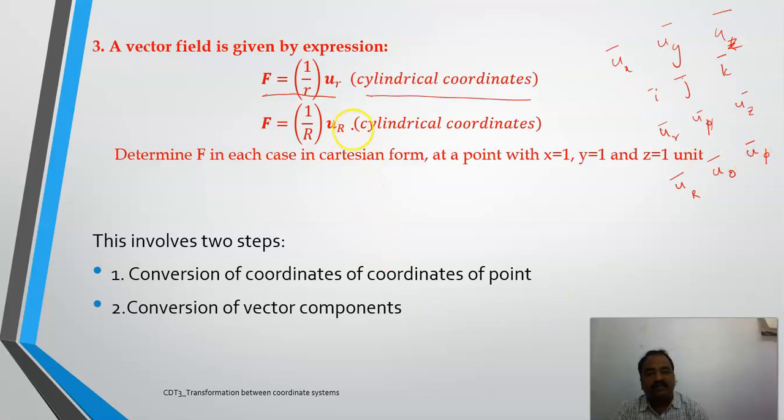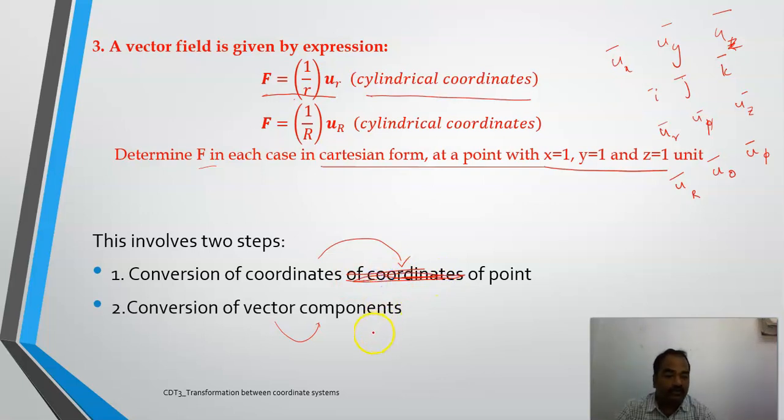So now he has given a vector which is in cylindrical coordinate systems, and he wants us to determine f in each case in Cartesian form at a point. So at this point he wants to transform this vector into Cartesian form. So first of all, whenever you are transforming a vector, the first thing is you should transform the coordinates, that is the conversion of coordinates of points, and next you should transform the components of the vector.